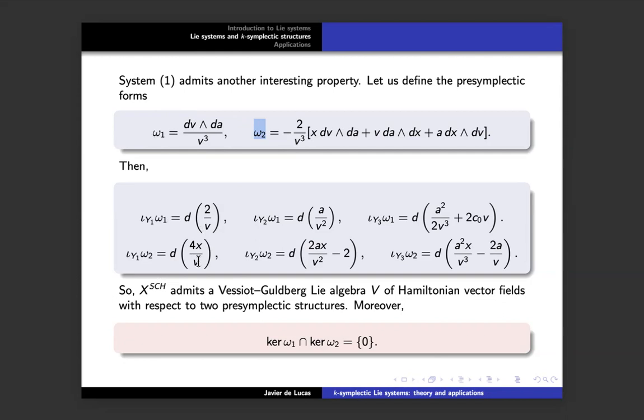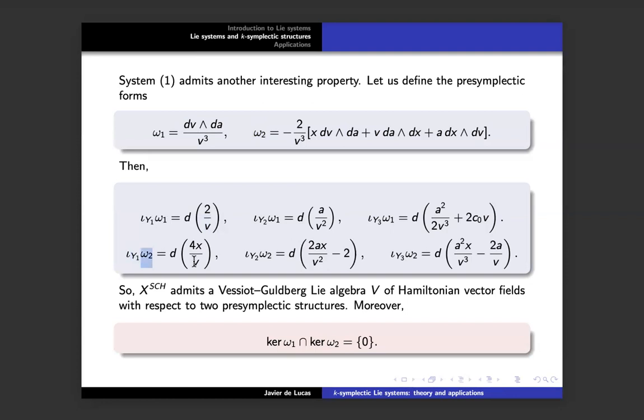But there is something interesting, because when you have this two-symplectic structure, these two closed forms whose intersection of kernels is equal to 0, every vector field of our Poisson-coalgebra algebra is linked to one Hamiltonian function for each presymplectic form, in this case of the two-symplectic structure.